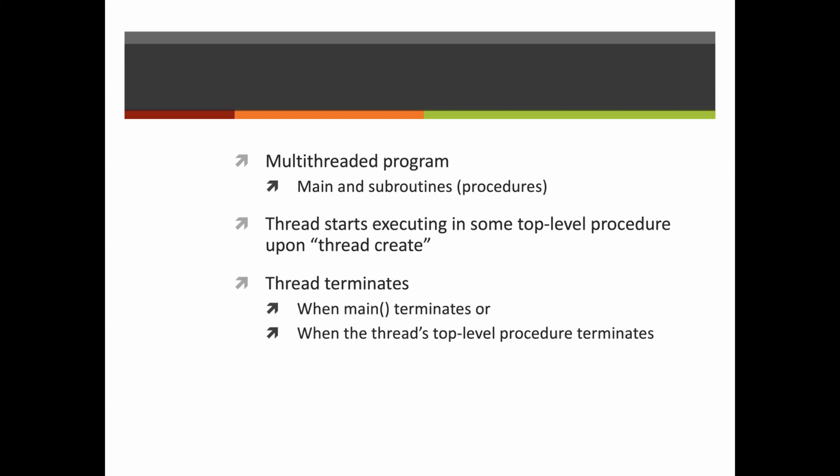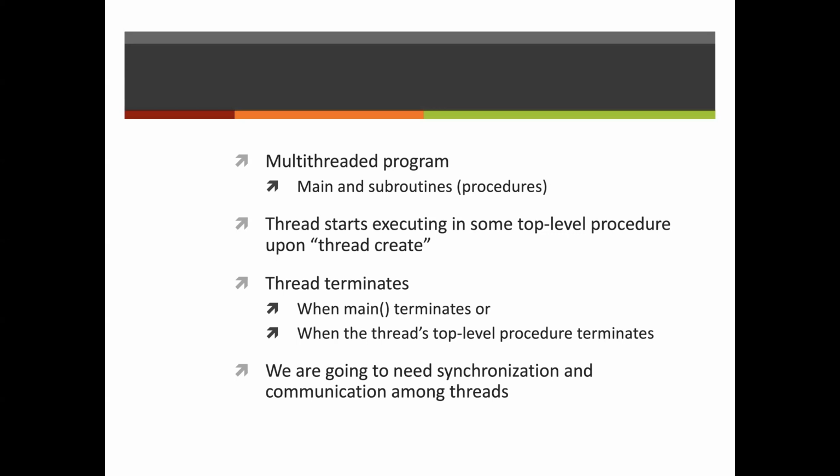Let's consider that the thread will terminate when main terminates or when the thread's top-level procedure terminates. And once the thread has terminated, we're going to need to provide appropriate synchronization and communication among the threads to provide for the results that have been obtained. This provides a basic workflow for working with threads.